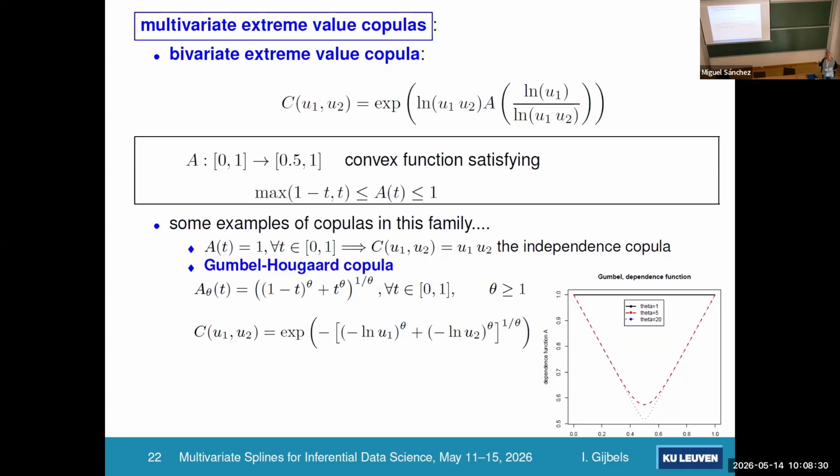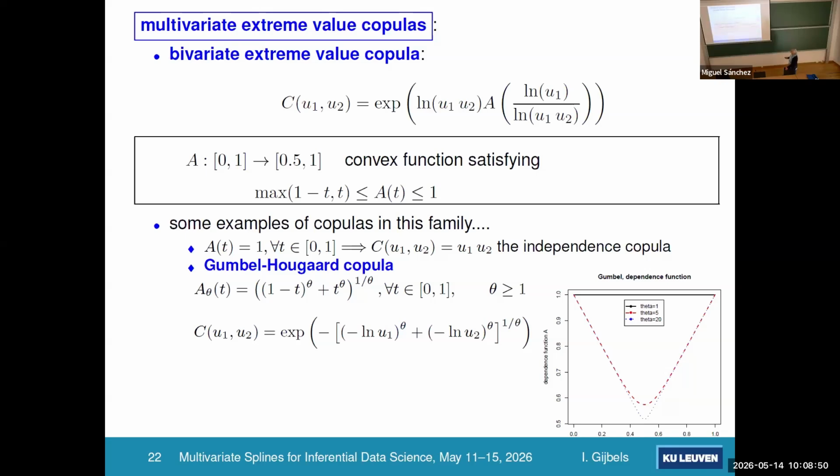So that's that unknown function. It can be anything. There are zillions, well, a lot of extreme value copulas. When you want to estimate this copula, you have to estimate this function A, but you know that it satisfies these conditions.